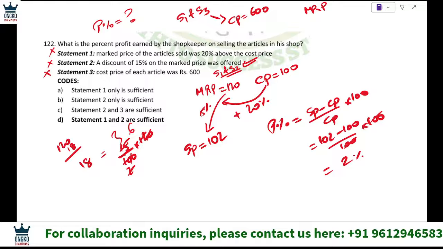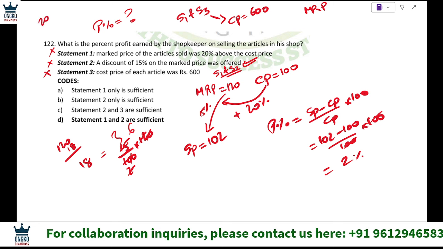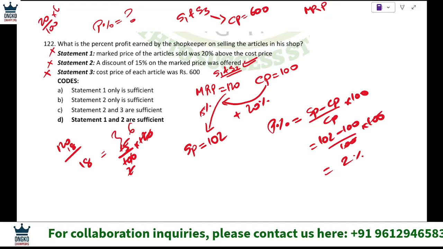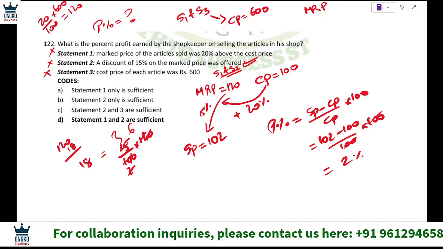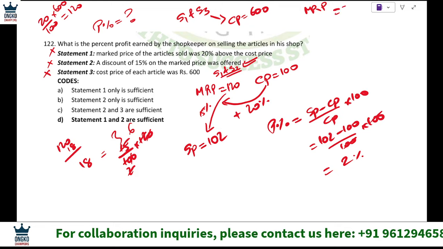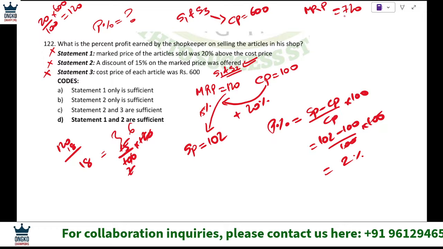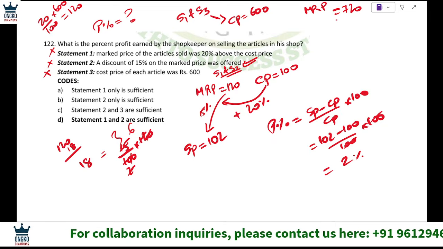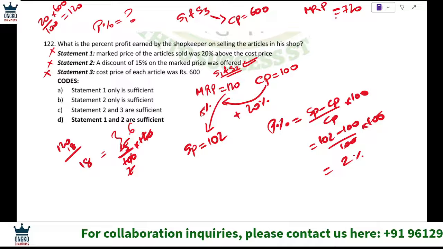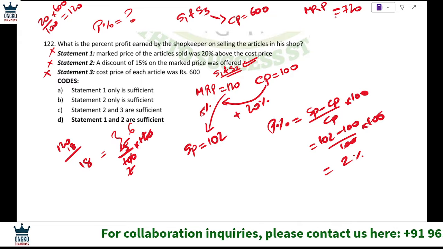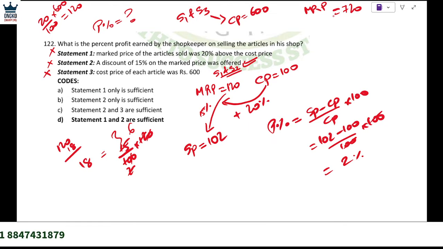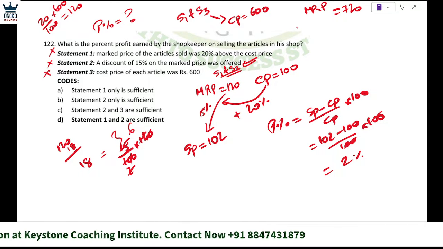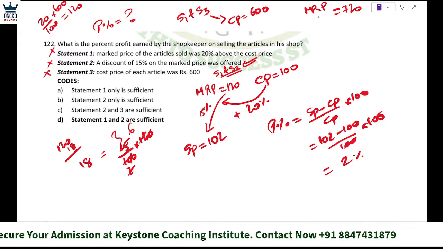That is 20 divided by 100 into 600, then 20 into 6 gives us 120. So 120 above means the market price is 720. Market price means the marked price, the bigger price.